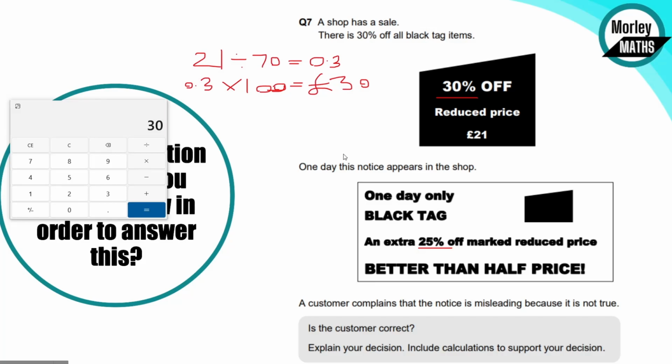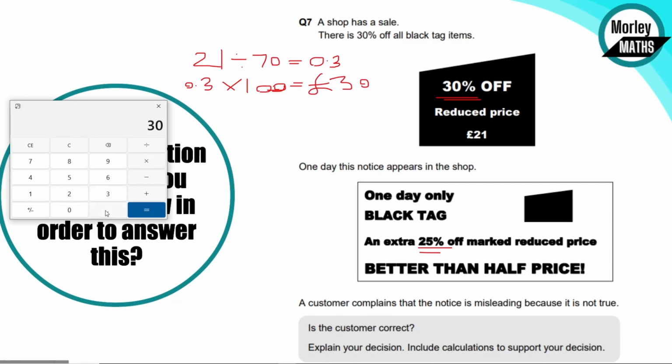Now, there are two different ways you can do that. We've already identified that this offer is basically saying it's got 55% off. So you can work out what that is with 55% off, or you can just divide it by 2, find out what half price is, and then do the comparison. Or like I say, you can just do a direct comparison. So let's find out what that is with 55% off.